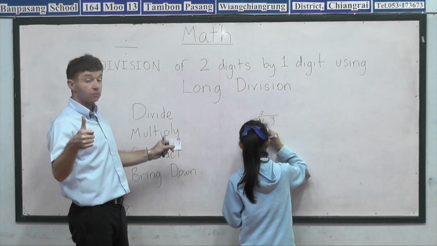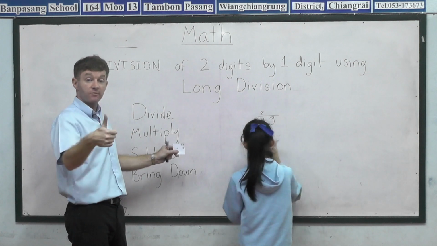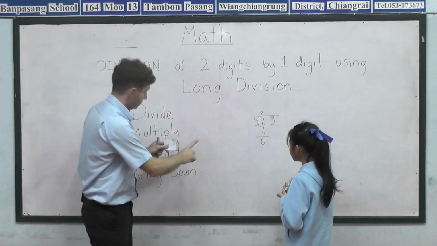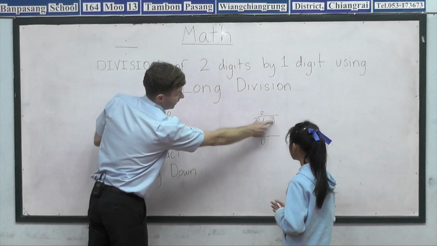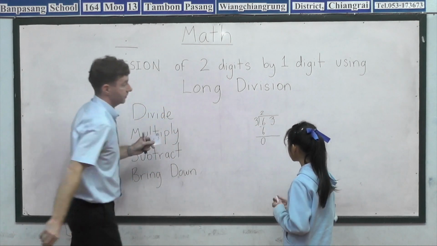So that's fine. We know that column now is good. We're at 0. Next step, number 4, we will bring down number 3.